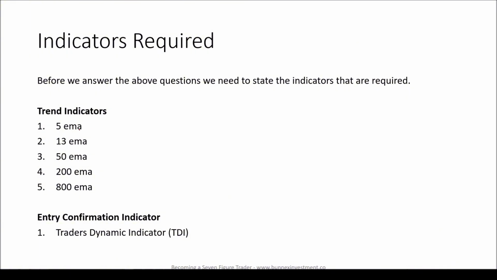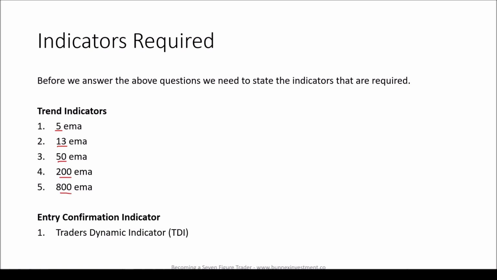You'll find the exponential moving averages. They are all applied to close, and these are their periods. We're going to have 5, 13, 50, 200, and 800 exponential moving averages. The colors are of your choice, but I'll show you on the charts the colors that I love.